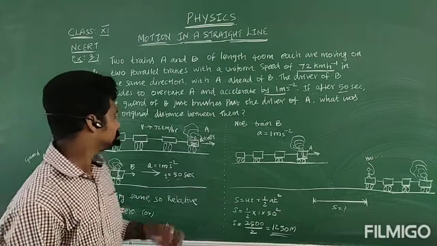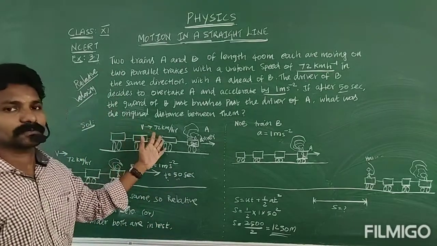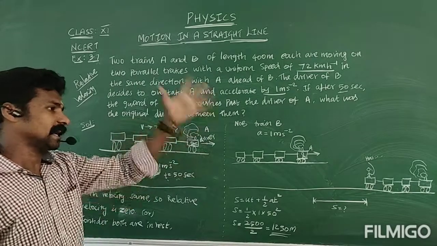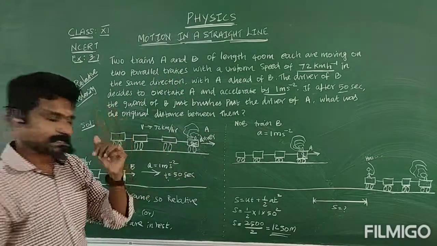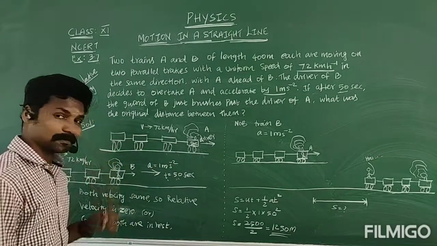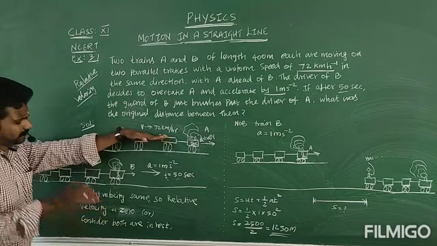Train A continues at the same 72 km per hour only. But B accelerates for 50 seconds with 1 meter per second square acceleration. So what will happen? Train A is here, train B is here.